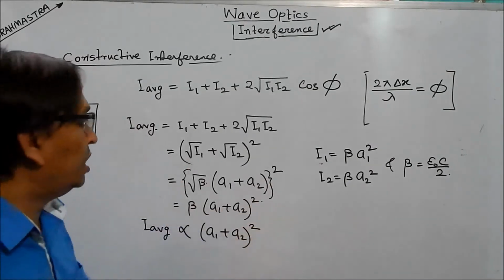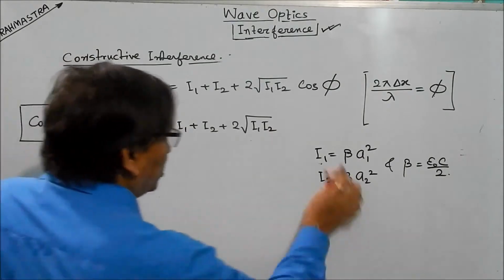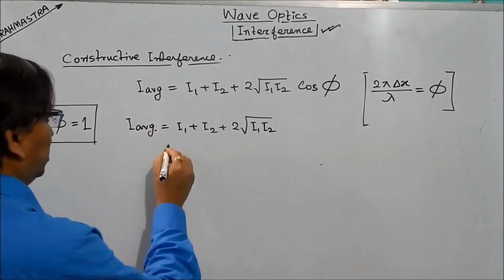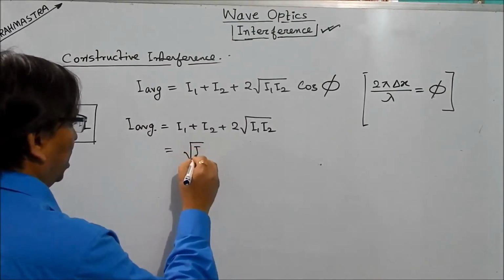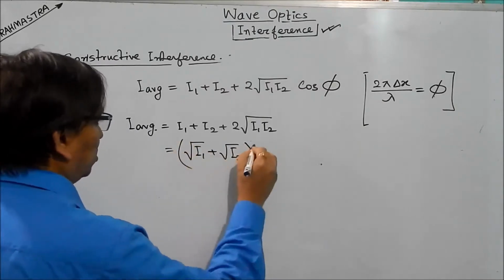Now one interesting result: we have got that this can be written as root under I1 plus root under I2 and the whole square of this.